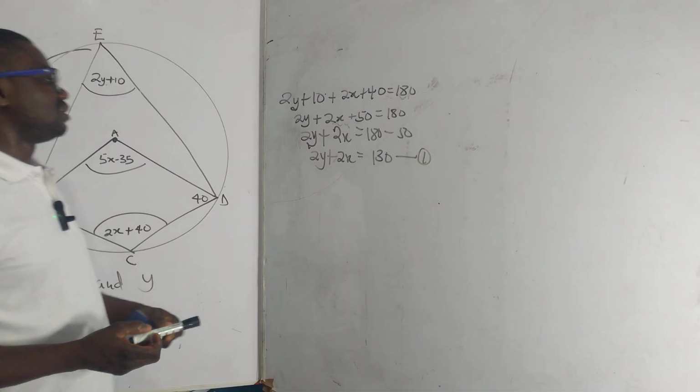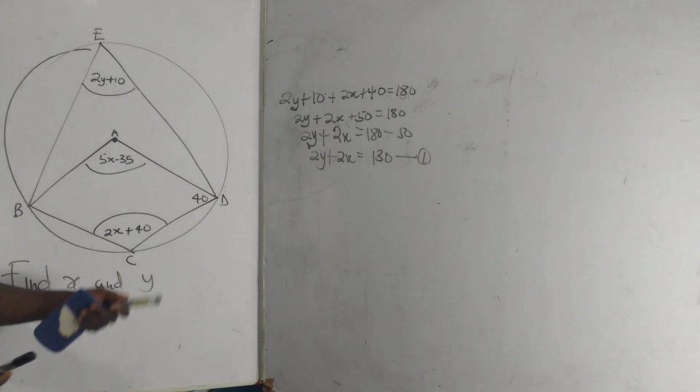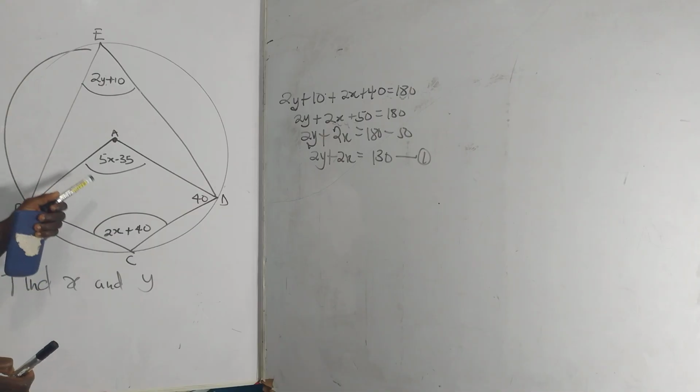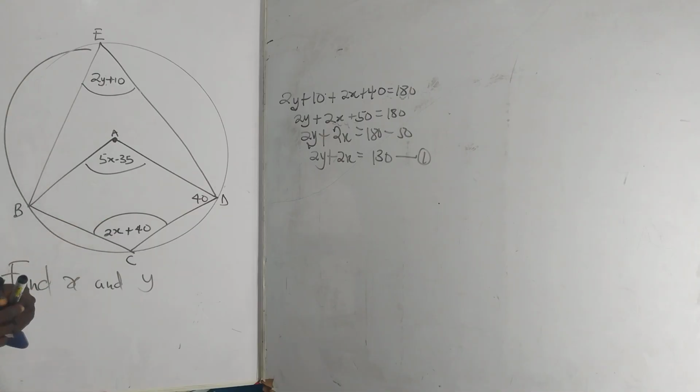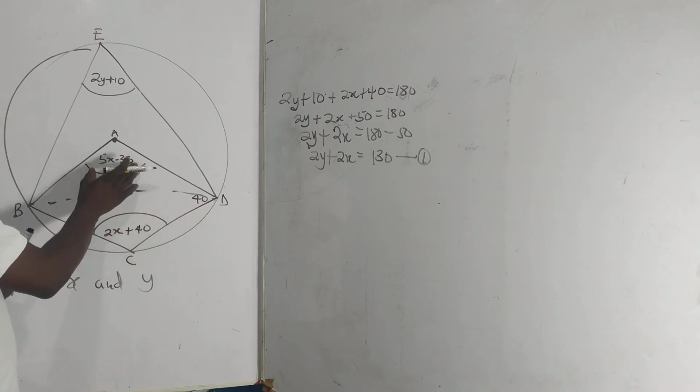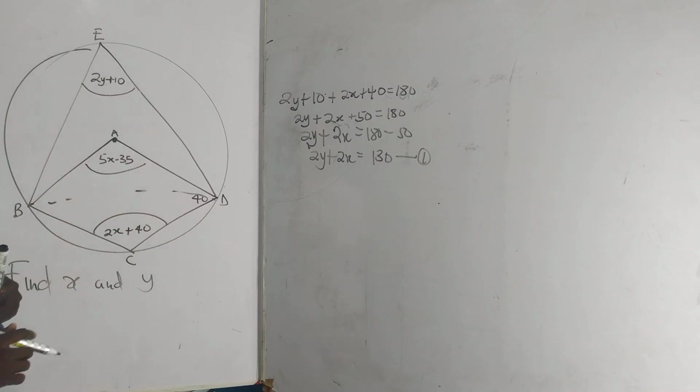Now the next one is that you remember another rule: the angle subtended at the center is twice the angle at the circumference subtended on the same chord. So now assuming that this is the chord, it means this angle is twice the angle here.